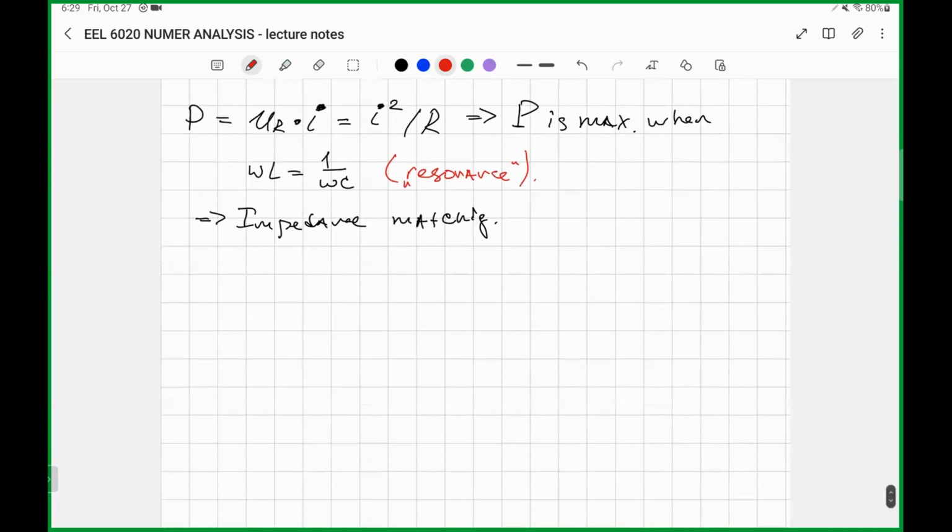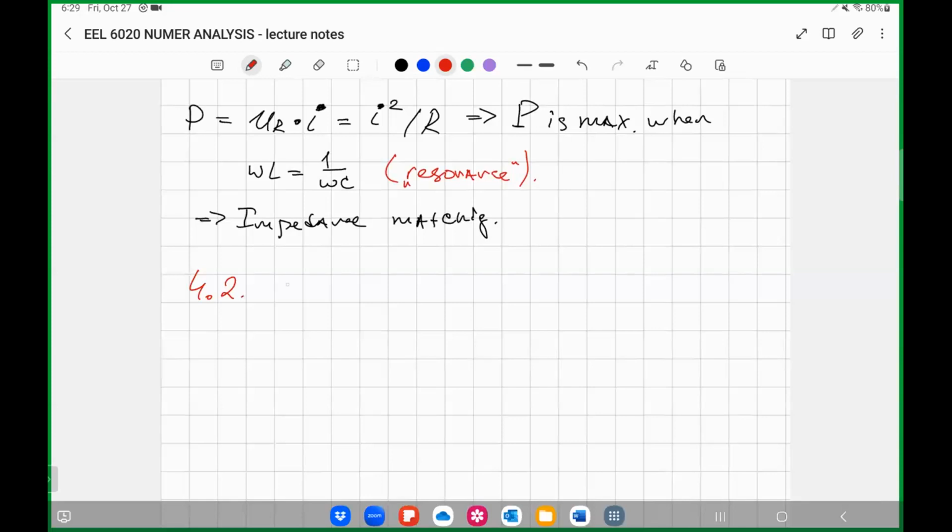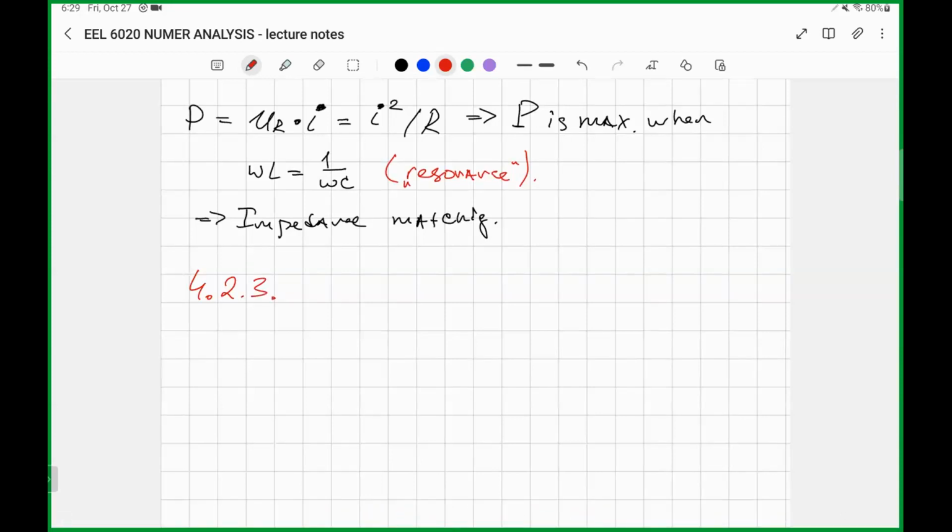Eddy currents. So 4.2.3, sorry, eddy currents.